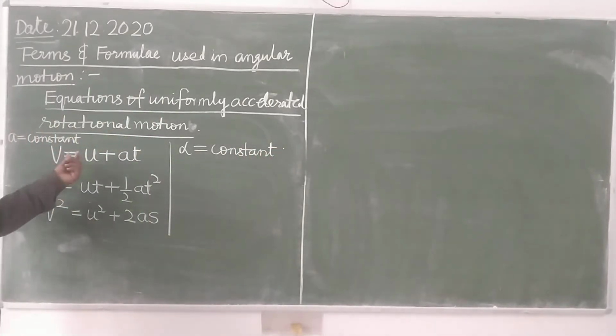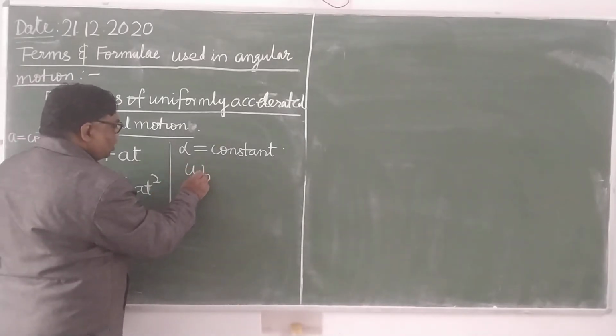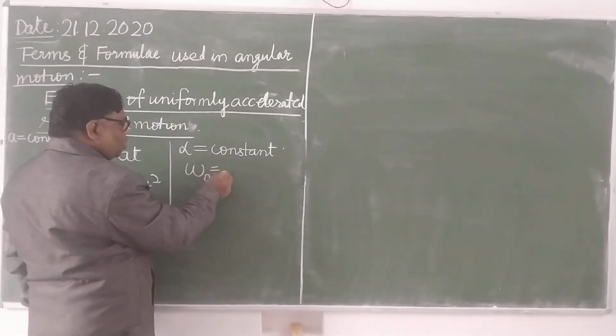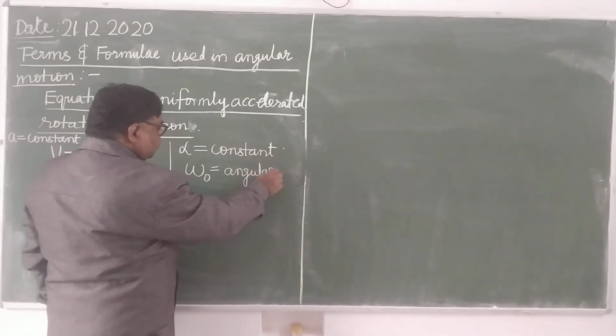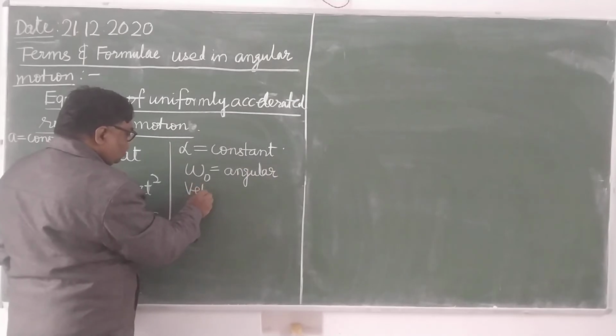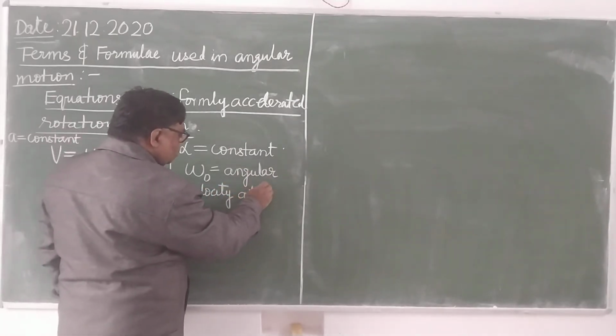You know that u is what? It is the initial velocity, velocity at time t equals 0. Here we have taken this velocity as omega naught, the angular velocity at time t equals 0.